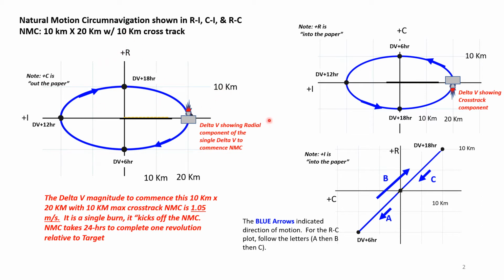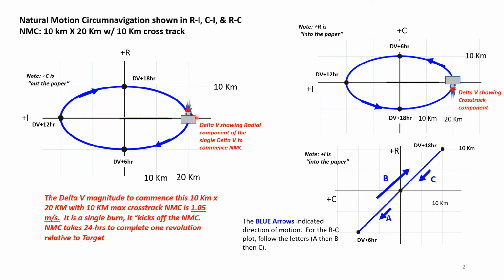That's the most popular. Most every drawing is in that way. You saw that there was, in this case, a downward radial burn, and then it caused this motion. Now we're out at GEO, so we're 42,164 kilometers from the center of the Earth, and every 24 hours it'll do this. See that?